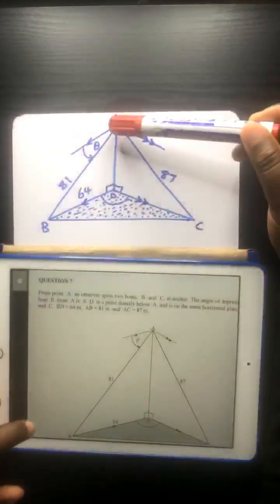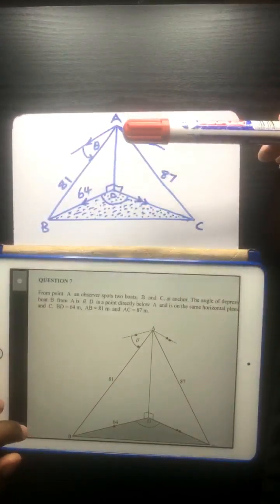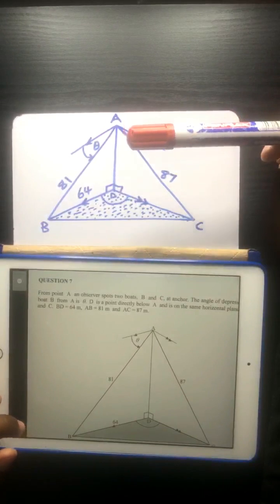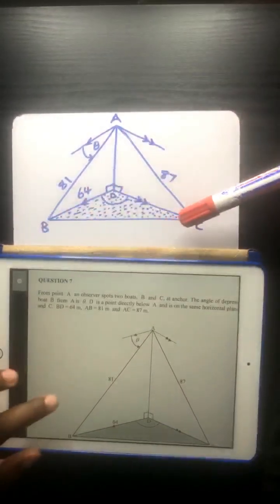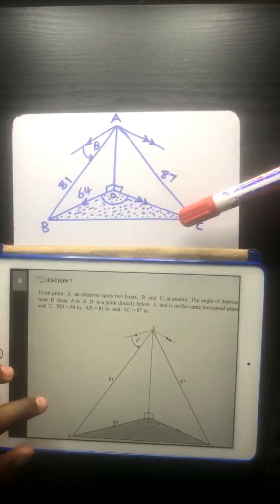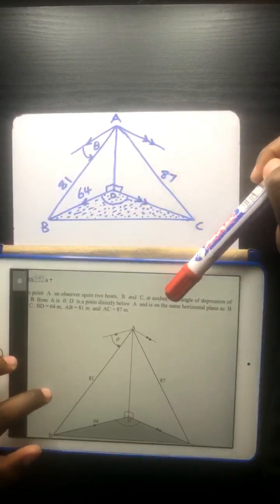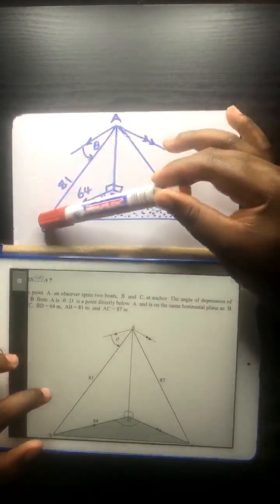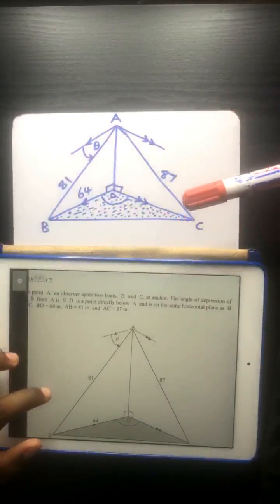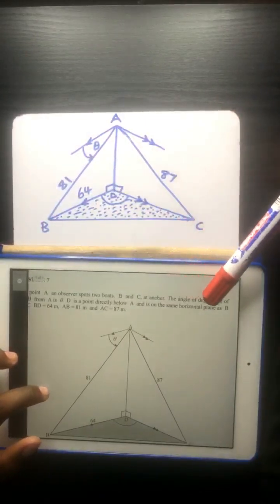There's point A. From point A, an observer spots two boats, B and C, at anchor. There's point A at the top, and then you have two boats, B and C, at anchor.